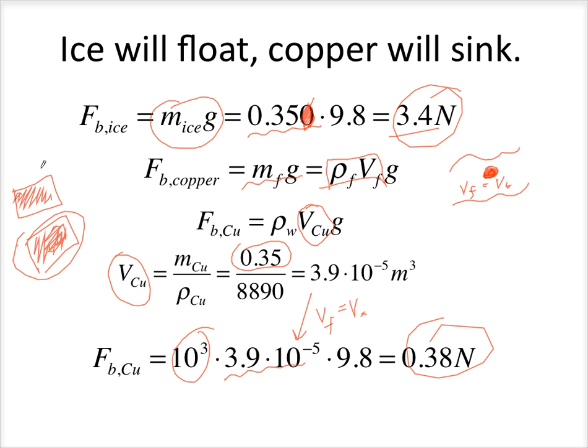But if we're talking about equal mass, with the mass of copper equal to the mass of ice, then here was copper and that was ice. The buoyant force on the ice is greater than the buoyant force on the small piece of copper. There you go.